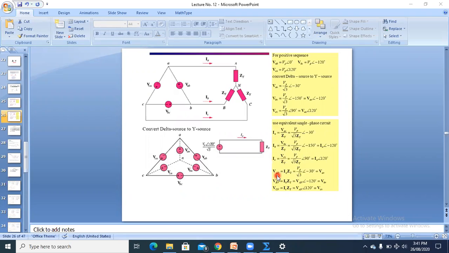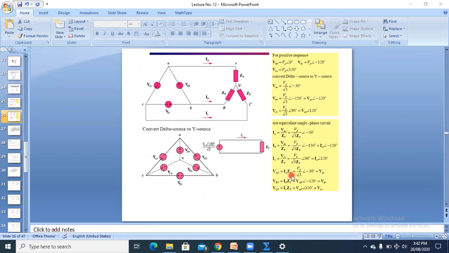Now from this line current, we calculate the line voltage, which is equal to the phase voltage.